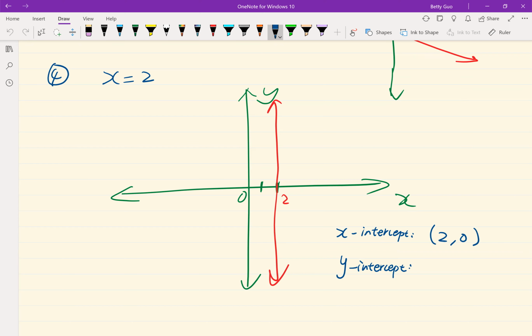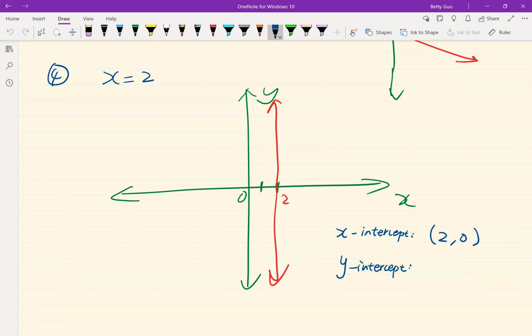So once again, what about the y-intercept? Y-intercept is the intersection of the straight line and the y-axis. Does not exist. They do not cross. They are parallel.